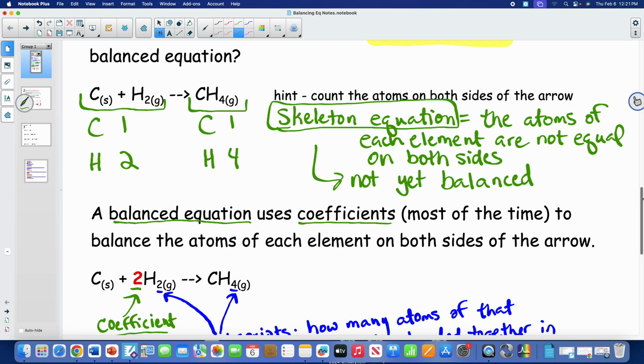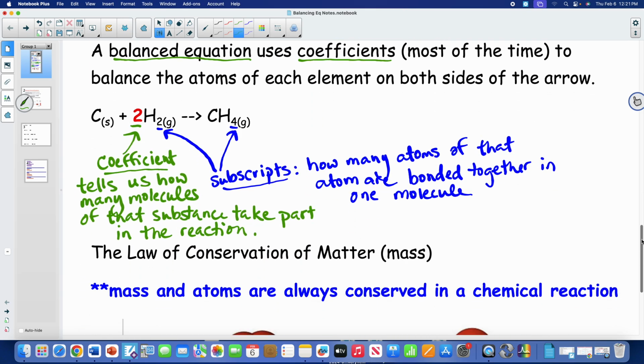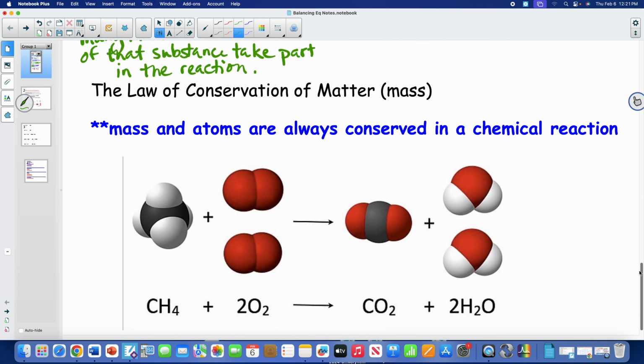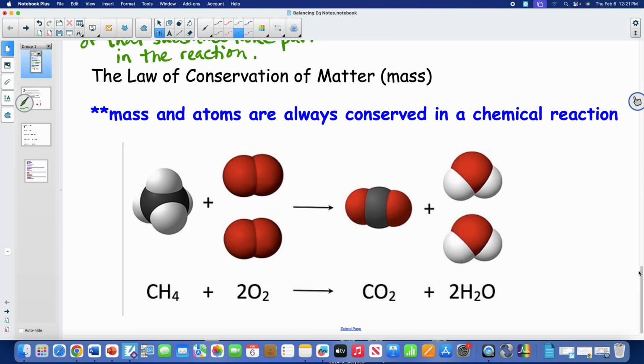So if I start with 2 atoms of hydrogen, those 2 atoms of hydrogen have to be there on the product side. They're just going to be rearranged into something new. Okay? So mass and atoms are always conserved in a chemical reaction.